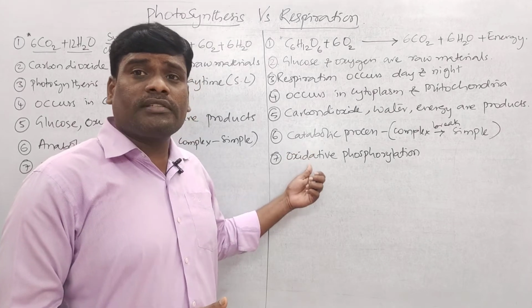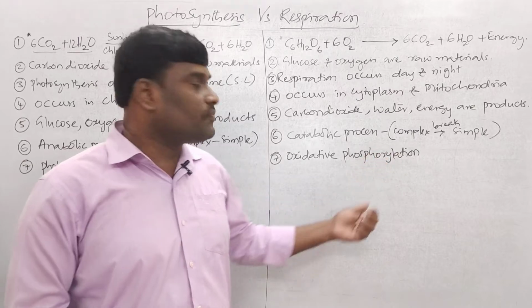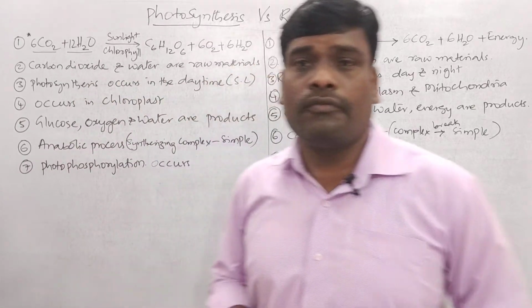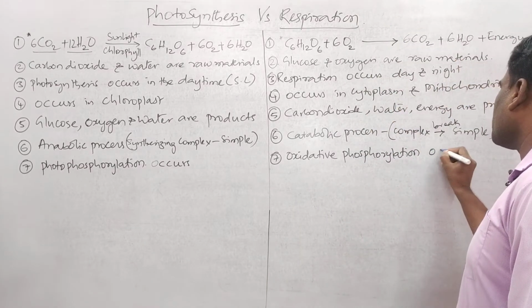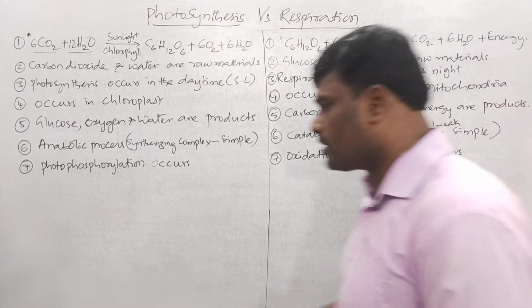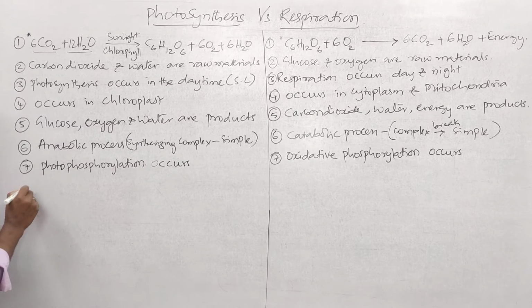So by using the oxygen, ATP molecules are produced. So that process we call it as oxidative phosphorylation, and this oxidative phosphorylation occurs in the process of respiration, isn't it? It occurs in the process of respiration, children. Okay, and next thing is the eighth point, children.